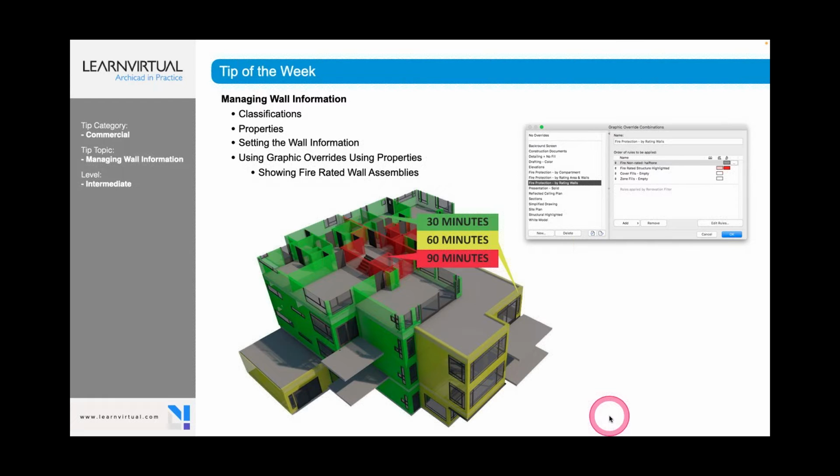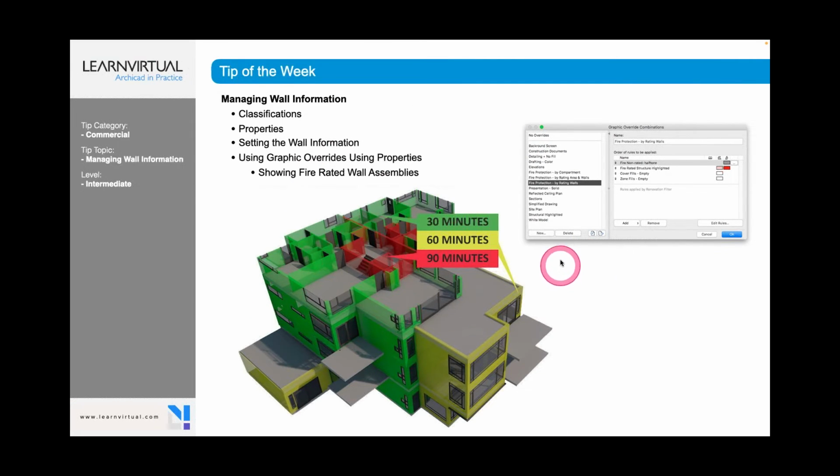So in the case of wanting your fire protection plan, each of these walls have properties set differently. They're all the same wall, but the walls with the yellow have the property of a 60-minute fire rating. The red ones have a 90-minute fire rating, and the green ones have a 30-minute fire rating.